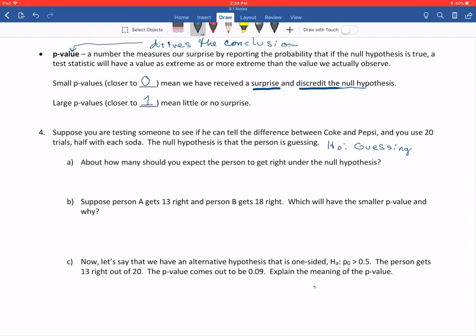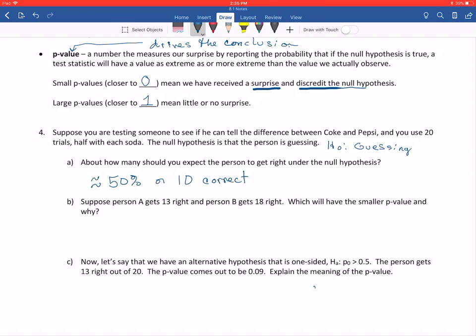About how many should you expect the person to get right under this null hypothesis? So if there are 20 cups just sitting out in front of them and they take a sip of each cup and they guess, they really have no idea, they just randomly pick one, then I would probably suppose they should get about half of them right.